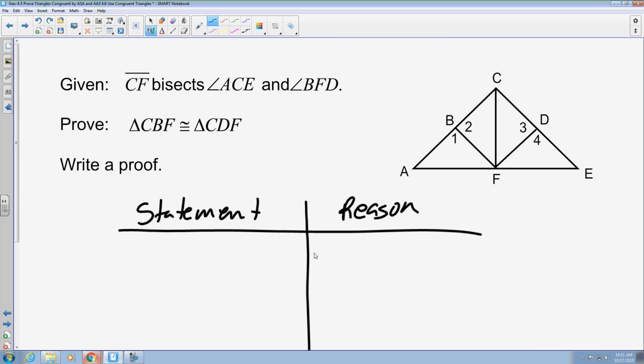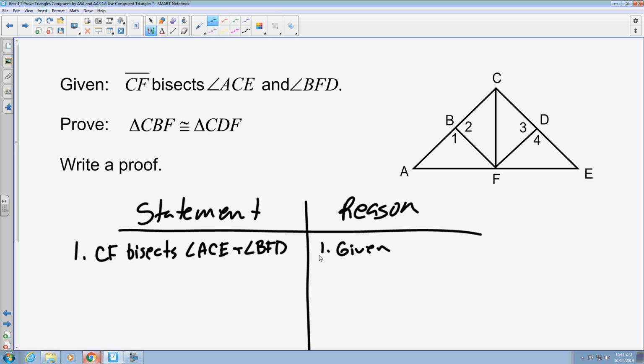So here they are telling us that CF bisects angle ACE and angle BFD. So that's given. All right. So now we have to utilize those two bisected angles to help us solve it.